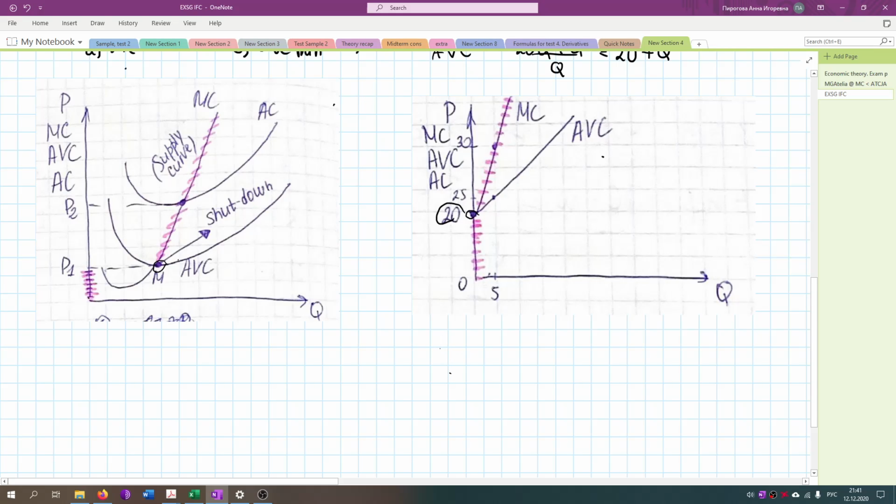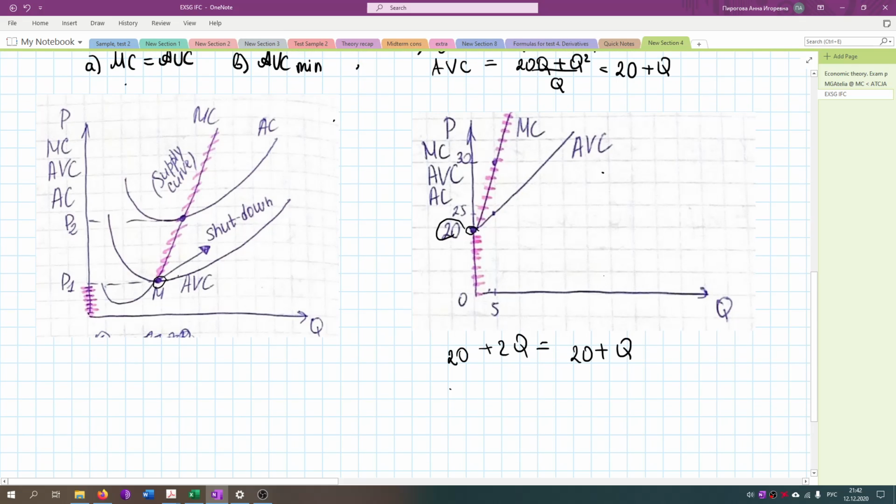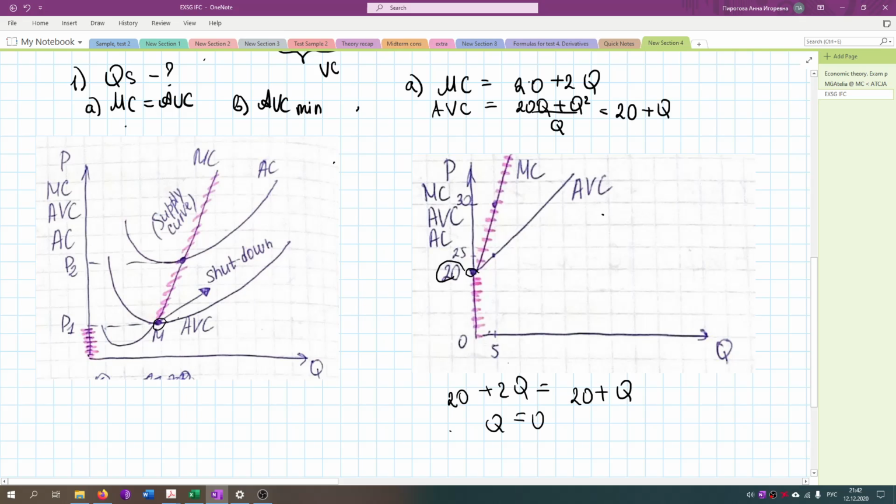In mathematical terms, we will need to find this point of intersection through our equations, and we should equalize 20 plus 2q to 20 plus q, because they are our equations, our functions, and we will see that q is equal to 0 in this case, and this again proves that we will not produce anything.